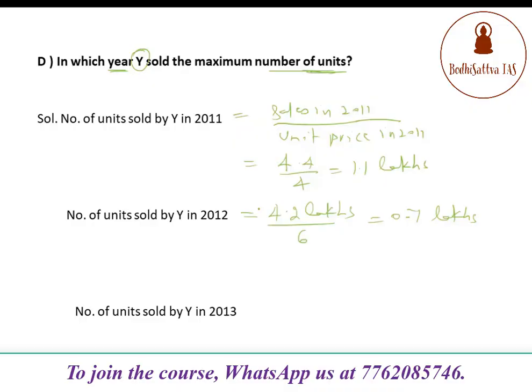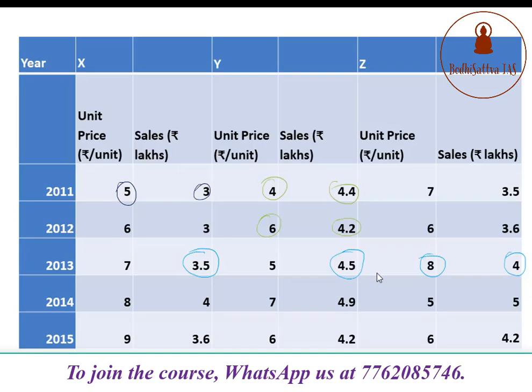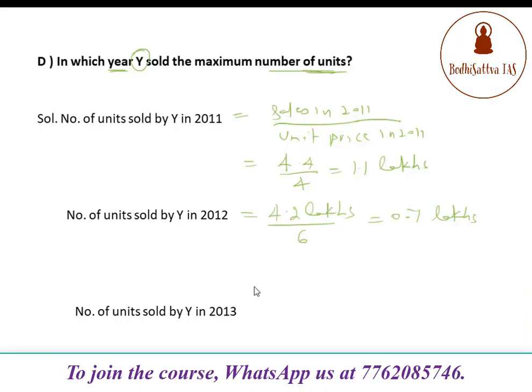Number of units sold in 2013. For Y it was 4.5 lakhs and unit price was rupees 5. So we will get 0.9 lakhs.